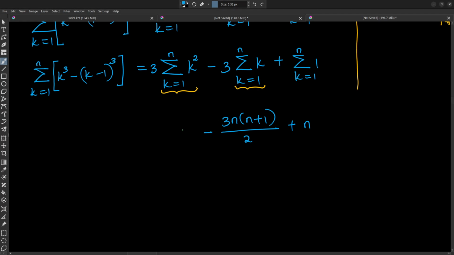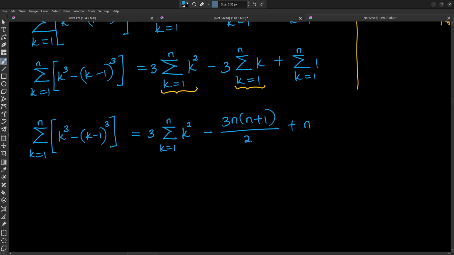And then we are going to have the summation of k squared, k equals 1 all the way to n. We have the 3, and we are saying all this is equal to the summation, k equals 1 to n, of k cubed minus k minus 1 cubed. Okay, so the right side is looking good. We'll just have it as is for now.